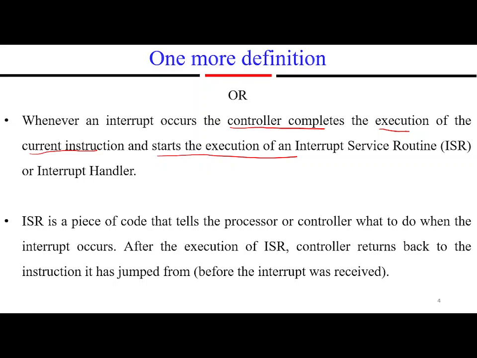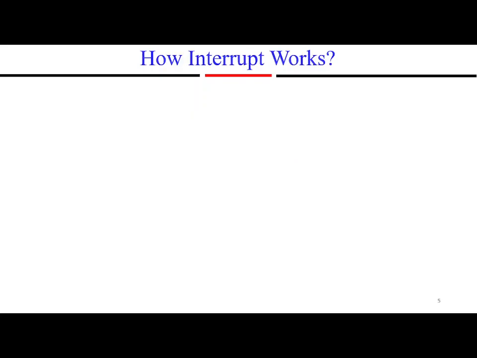This ISR is a piece of code that tells the processor or controller what to do when the interrupt occurs. After the execution of the ISR, the controller returns back to the main program from where it had jumped before the interrupt was received.